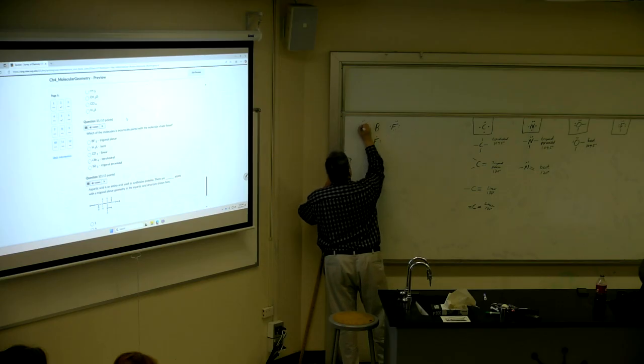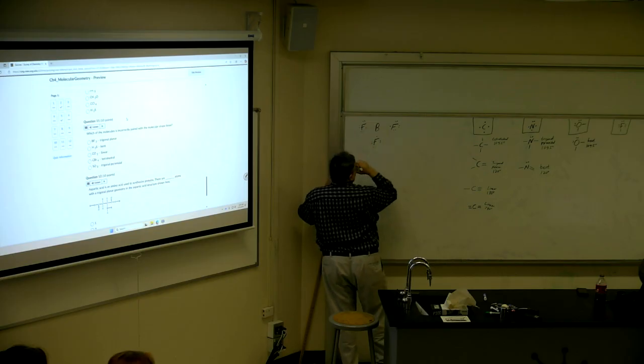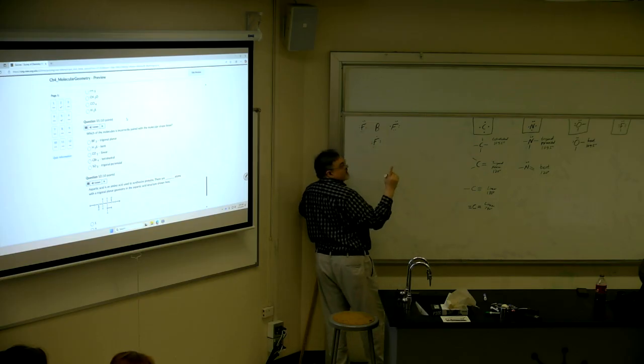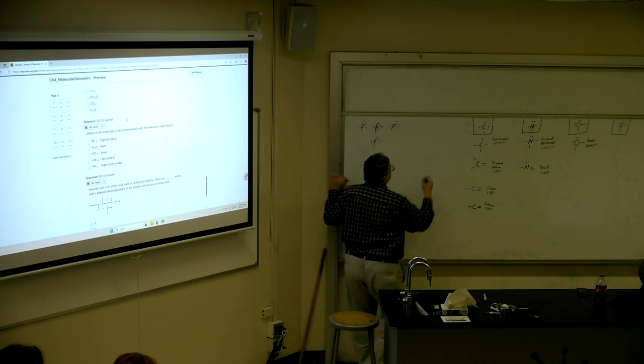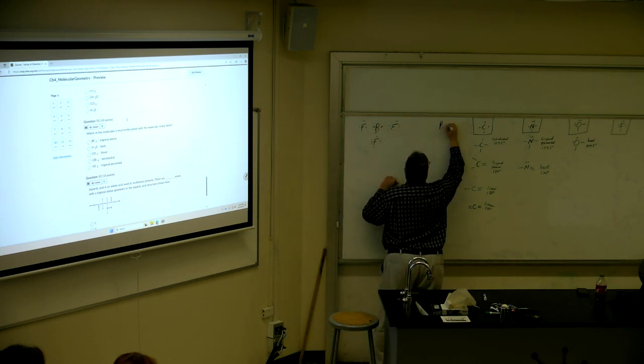And you can infer the fact that since fluorine's only ever going to make 1 bond, in boron, it's got 3 valence electrons, so you start counting around like this. So there's the boron molecule.